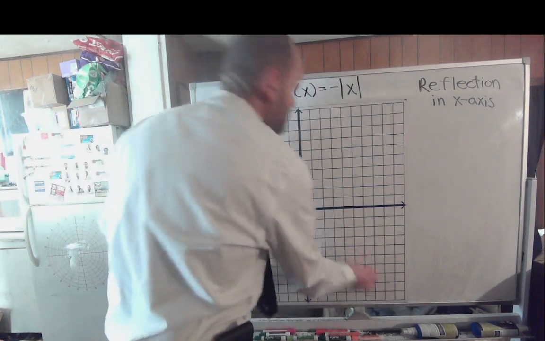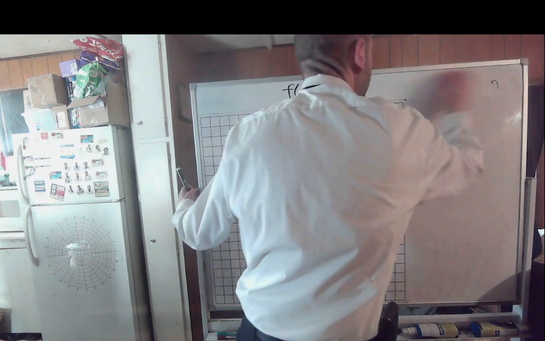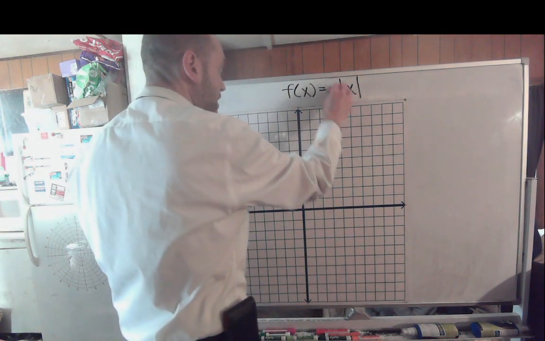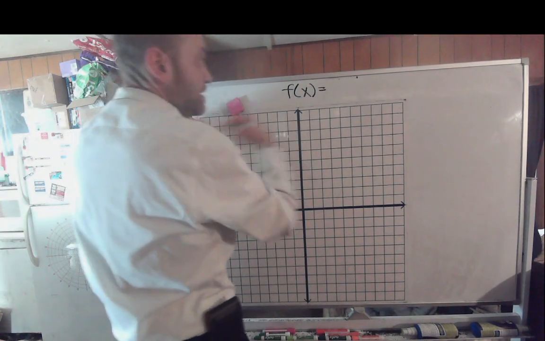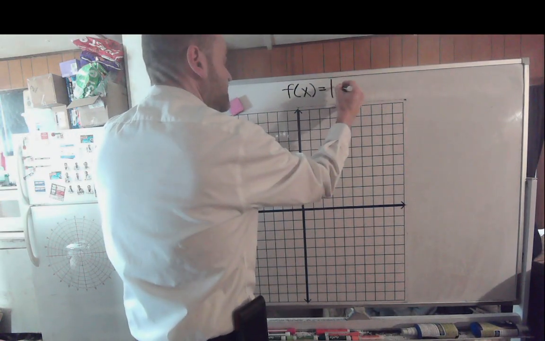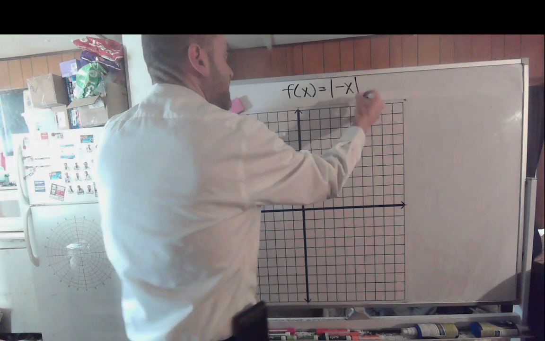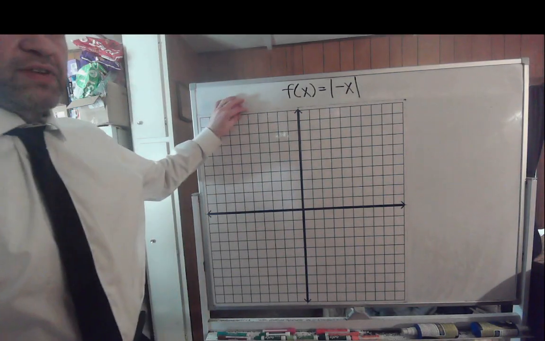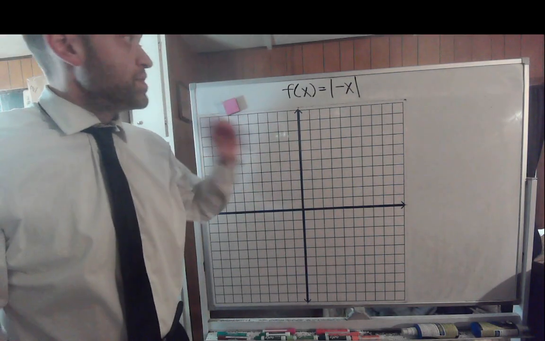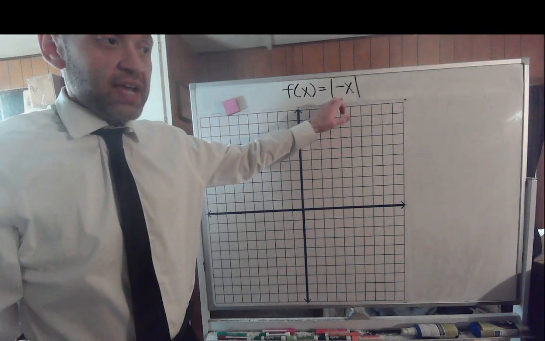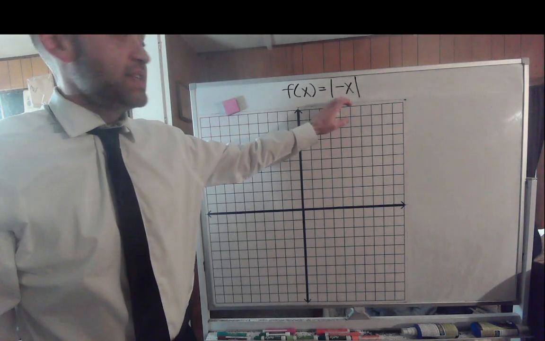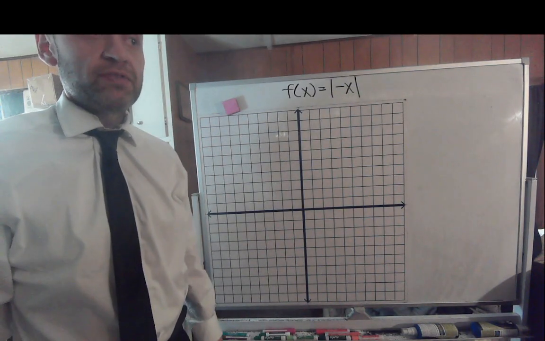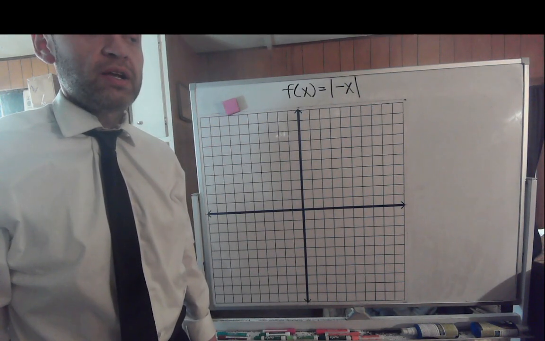Now this is going to be very important here. What if I tried this? F of x equals the absolute value of negative x. Well, since the negative is inside of the absolute value sign next to the x, you would be tempted to say reflection in the y-axis, right?